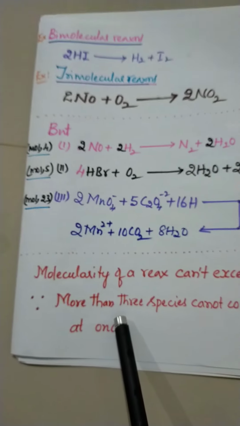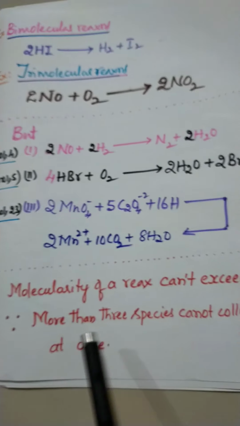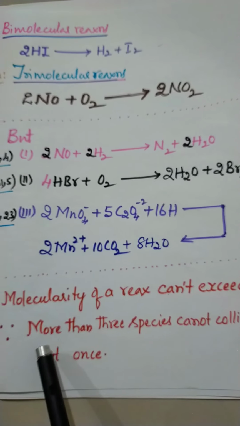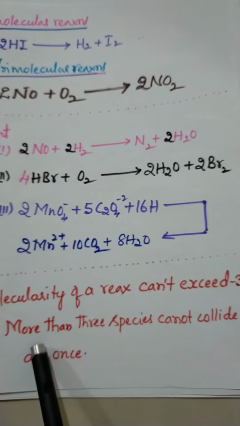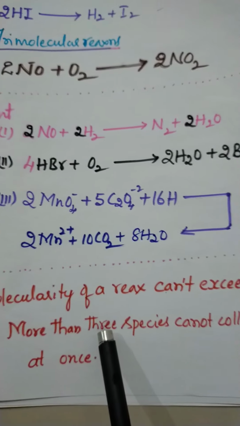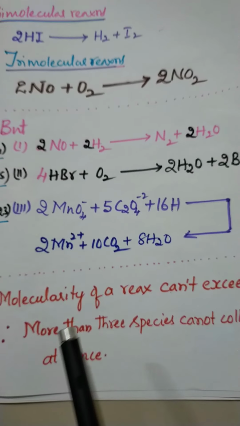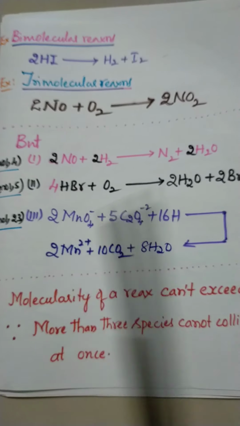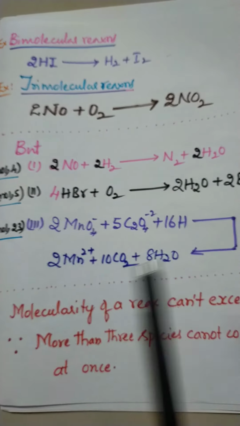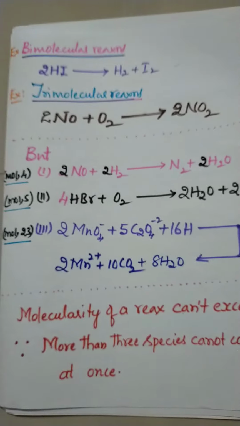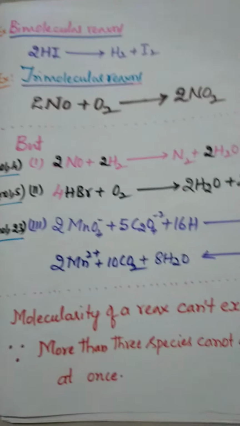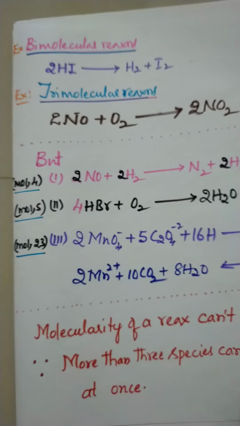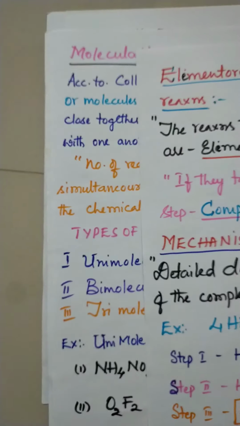So when the atoms combine, they should collide with each other, with one atom or two atoms or 3 maximum, but not more than 3. If more than 3 molecules come, it may be a complex reaction that takes place in different steps. So this is about the molecularity of reactions. Look at each of these examples correctly, then you will get the molecularity of reaction.